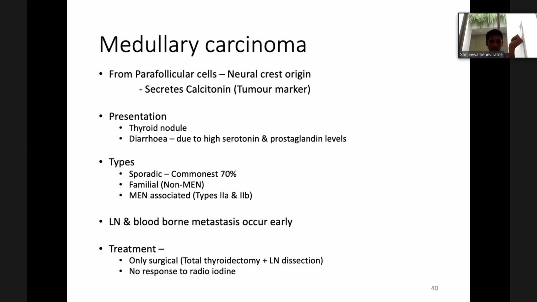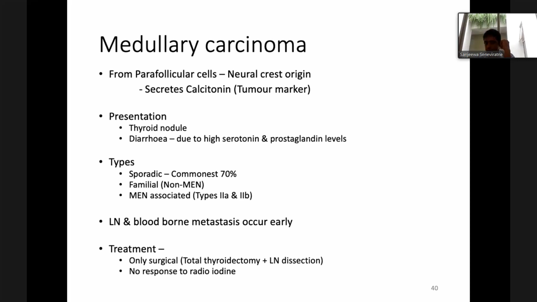In addition to that, they may have features due to high secretion of serotonin and prostaglandins, for example, diarrhea. There are different ones we have briefly mentioned already, like familial medullary carcinoma syndromes and multiple endocrine neoplasia associated syndromes, that is type 2A and 2B. In addition, there are sporadic medullary carcinomas as well.